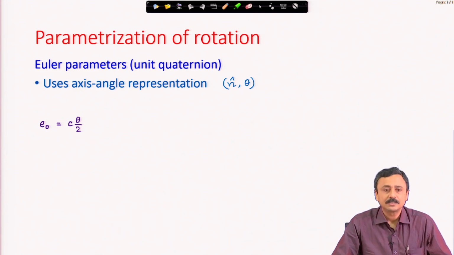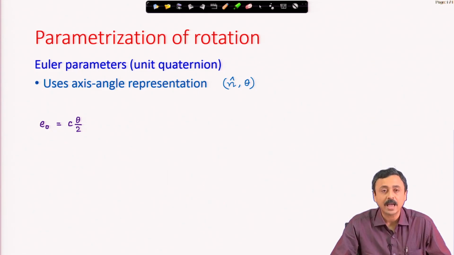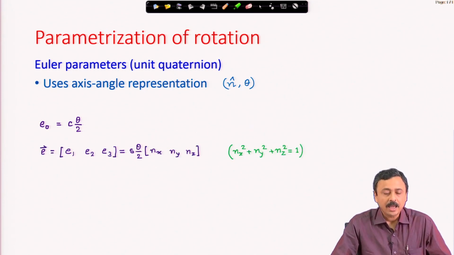Let us define something called lowercase e naught, E0, as cosine of theta by 2. Theta is the rotation about that axis n cap. So, given an orientation or a rotation matrix corresponding to n cap and theta, let us define E0 as cosine of theta by 2, and another vector E consisting of E1, E2, E3 as components equal to sine of theta by 2 times nx, ny, nz, the n cap vector.